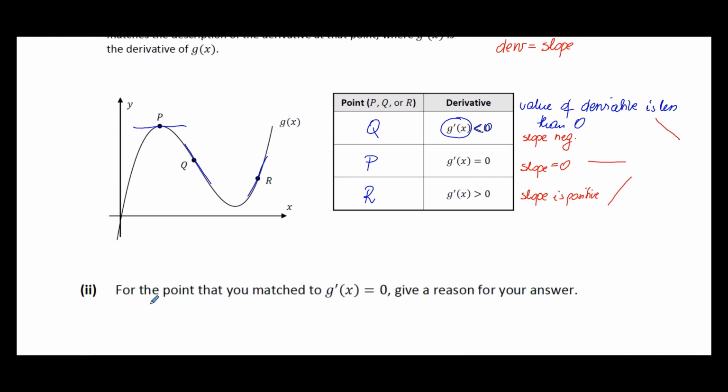Now, in the next part, they are saying for the point that you matched where the derivative is equal to 0, give a reason for your answer. What is the reason for our answer? Because the slope of the tangent at P is 0. I know it sounds kind of fancy, so we can say the slope of the tangent at P is 0.